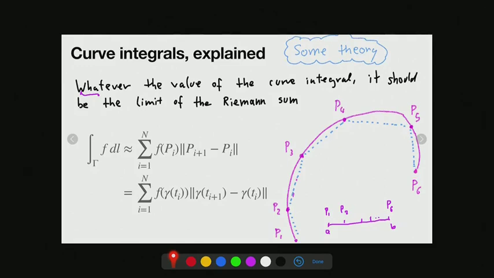If I increase the resolution and take more and more points on the parameter interval, then I get a finer and finer approximation of this curve by little straight lines.